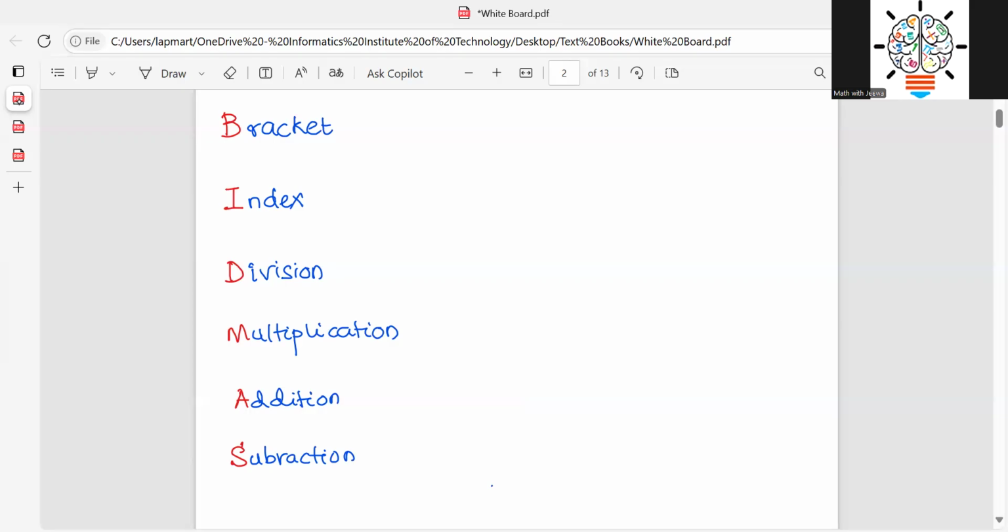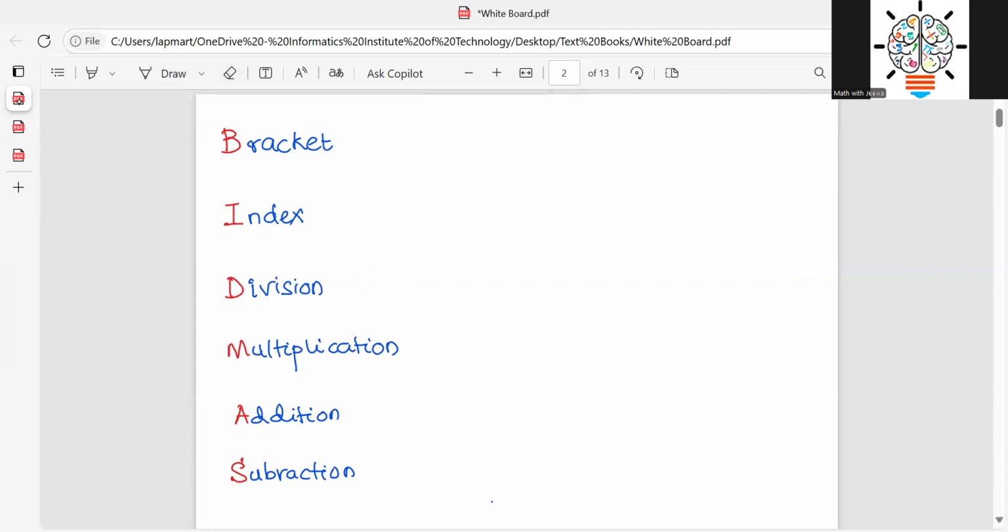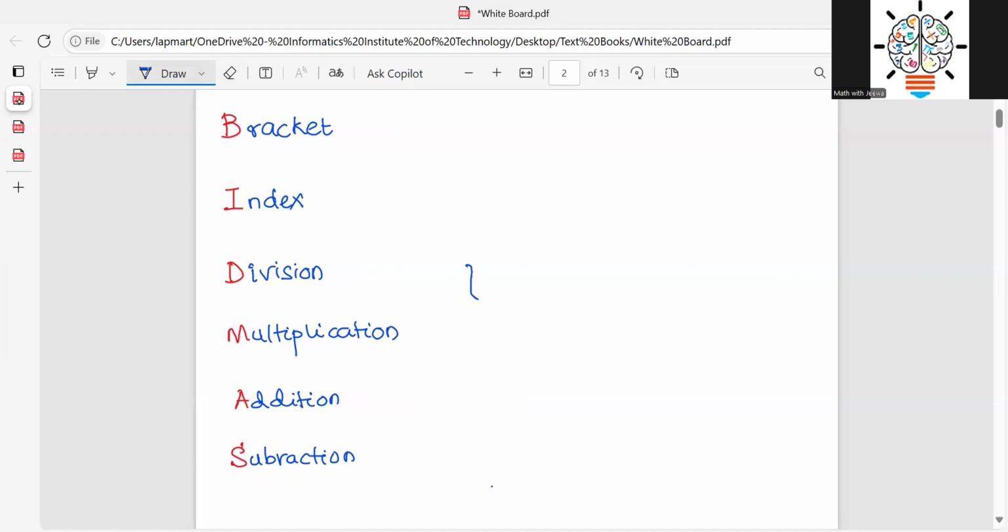First, pause the video and copy this down. Let's say you have division and multiplication together, right? According to the order, we want to do division first. But if you come across a situation, for example, let's say you have 2 divided by 4, and on this side you have 3, right?